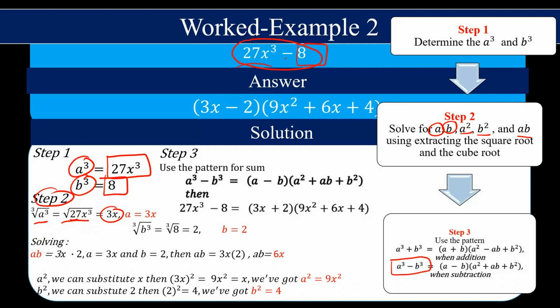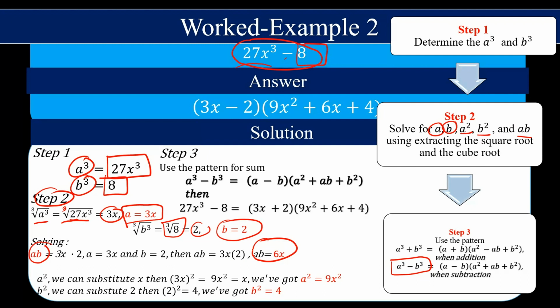Then I have to correct this: there should be a number 3 there as the cube root. So our a is 3x. For b, the cube root of 8 is 2. Therefore, our b is positive 2 and our a is 3x. With this, we can multiply them directly to get ab, which is 3 times 2 is 6, and with the x, ab is 6x.